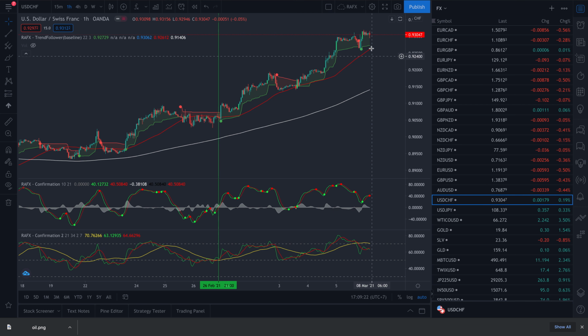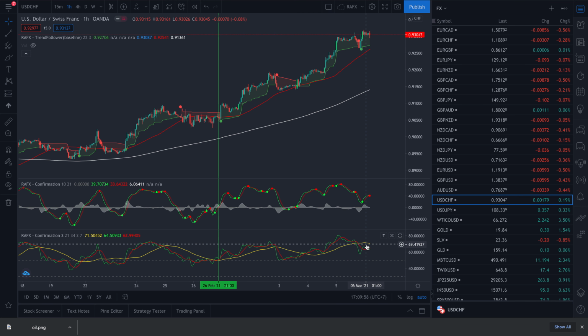Okay, so here we need to wait for the price to come back here. Either we will set an alert here and use this one as our base for the entry trigger in the trend follower, and this one is the entry trigger for the confirmation. But confirmation 2, although it's in the buy zone, is already overbought.